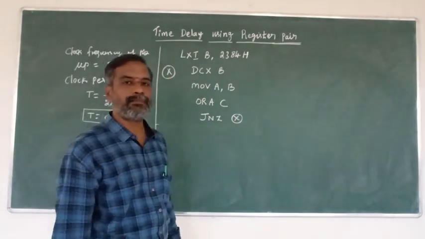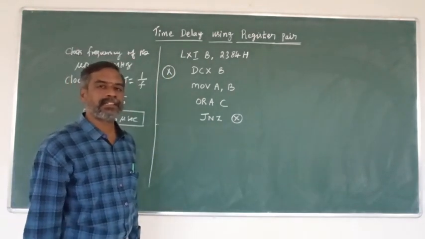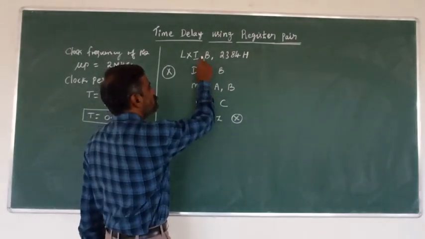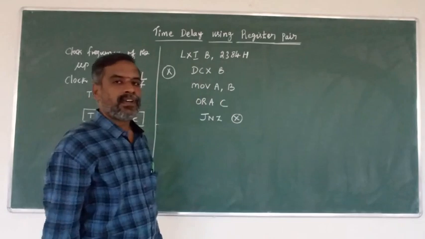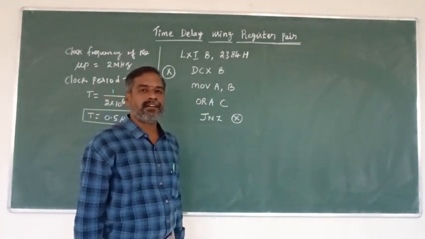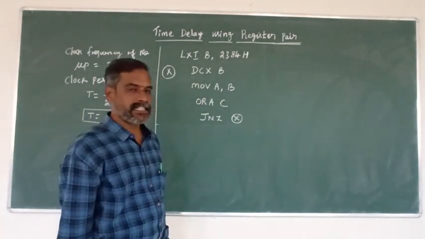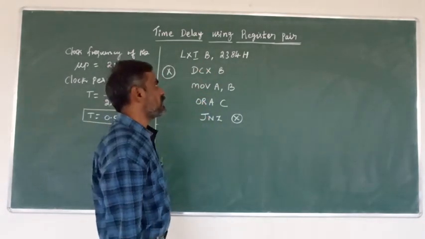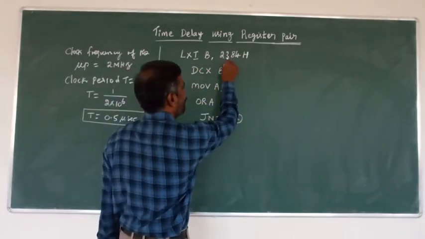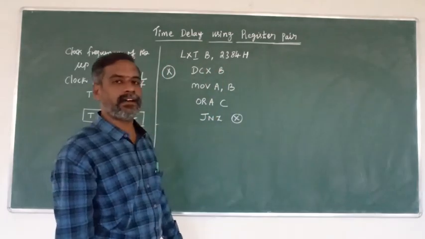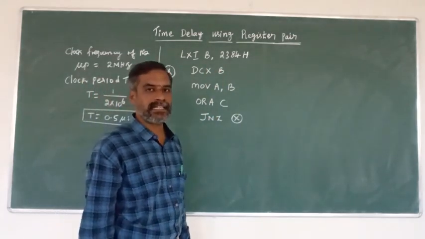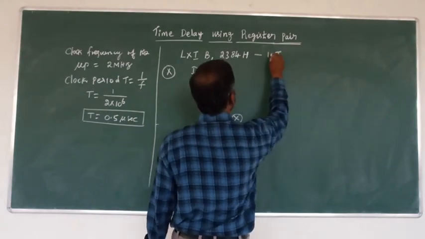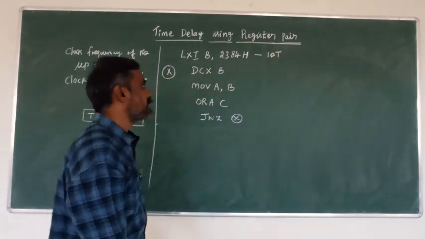This is a 3-byte instruction. The opcode related to 8 bits requires 4 T states and the 16-bit data requires 6 T states. Total 10 T states required.